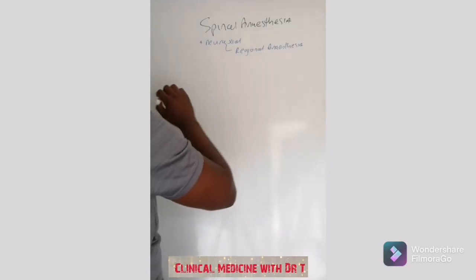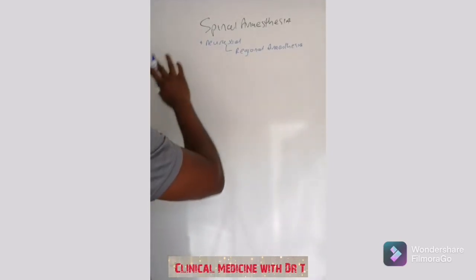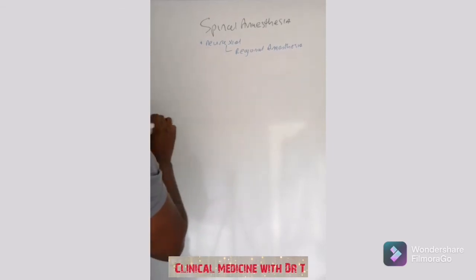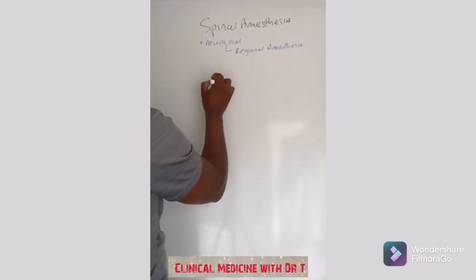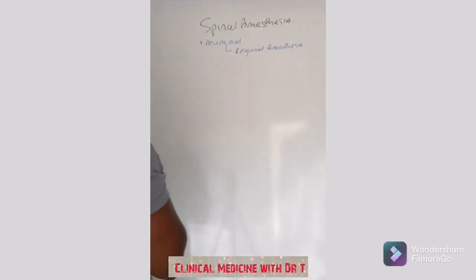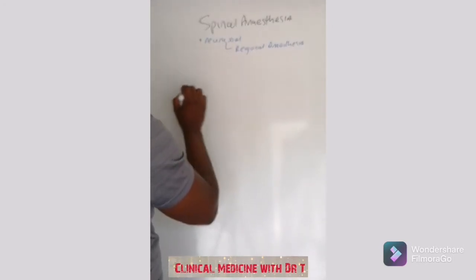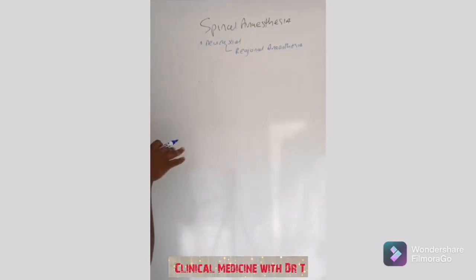Just to remind you, the types of anesthesia are general anesthesia and regional anesthesia, and we have infiltration, topical anesthesia, and intravenous regional anesthesia, like Bier's block specifically.